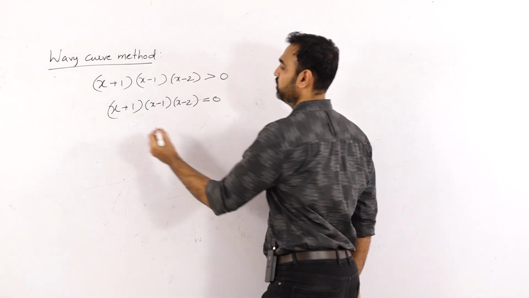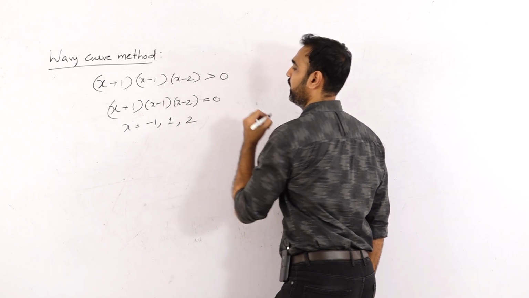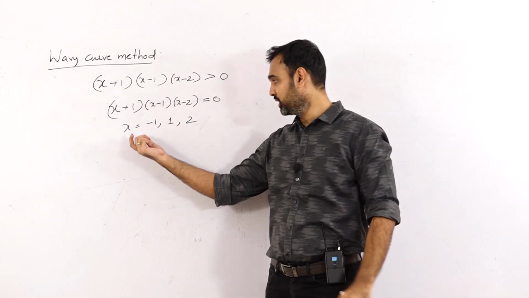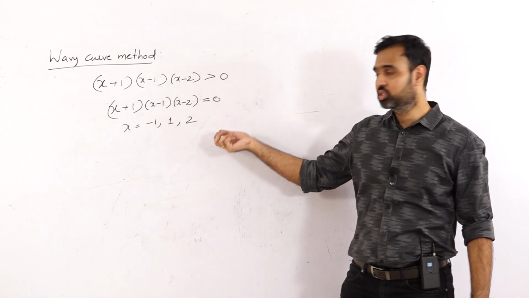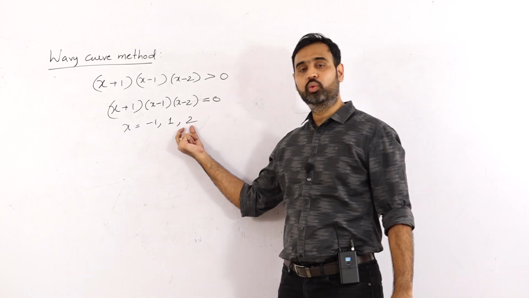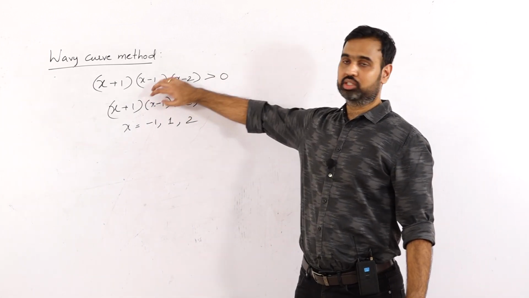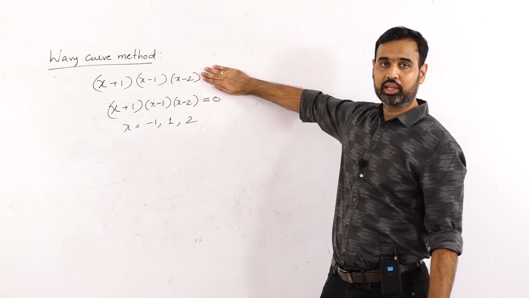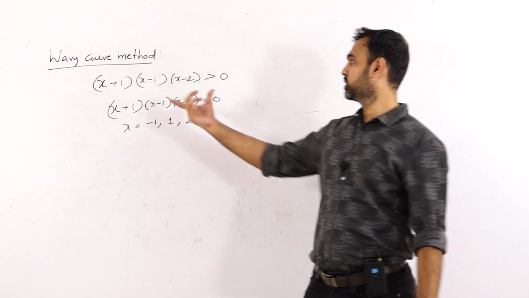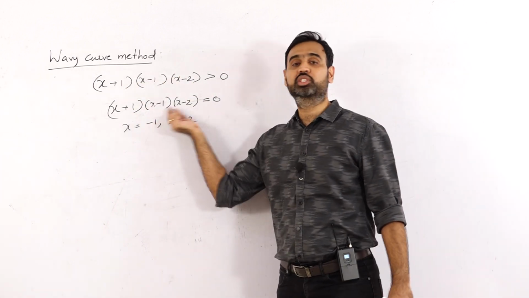The roots are minus 1, 1 and 2. So x plus 1 equal to 0 gives x equal to minus 1. X minus 1 equal to 0 gives x equal to 1. X minus 2 equal to 0 gives x equal to 2. We are finding the roots of the same expression, forgetting the inequality, equating it to 0. I hope you all understand what roots mean, where this becomes 0.